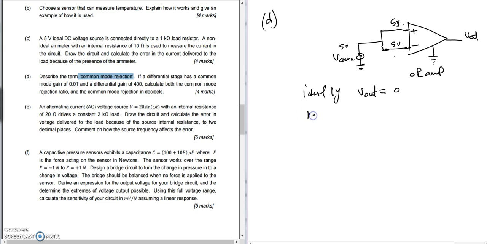But in reality, in non-ideal, V out, which in that case is V out common, is equal to a small difference, so 0.00 something, for example. So there is a small gain, which shouldn't be there. So this question is asking about this.